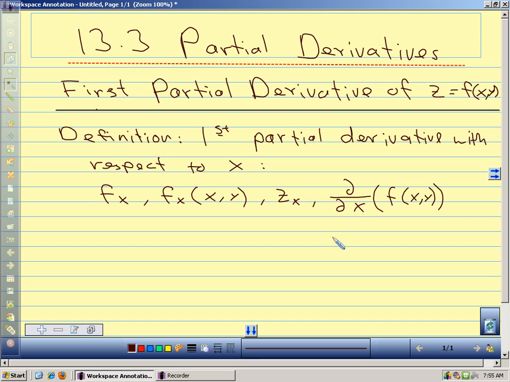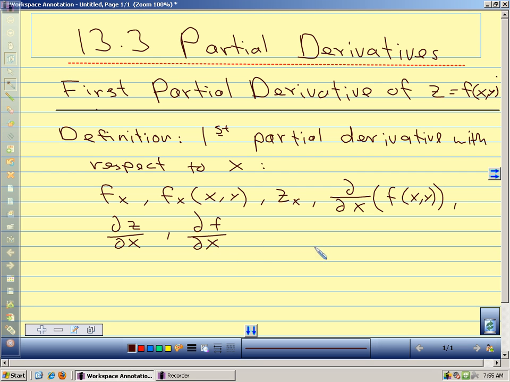And we can also write this in lots of different ways. We can write this as dz dx, or df dx. Our function is z equals f of x, y. So we can write our first partial these ways.